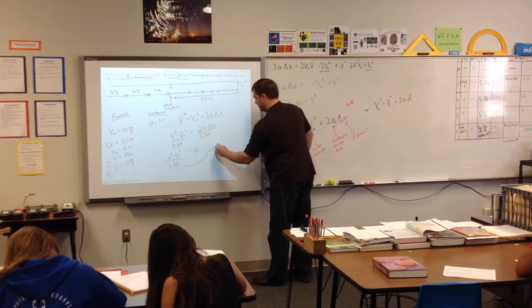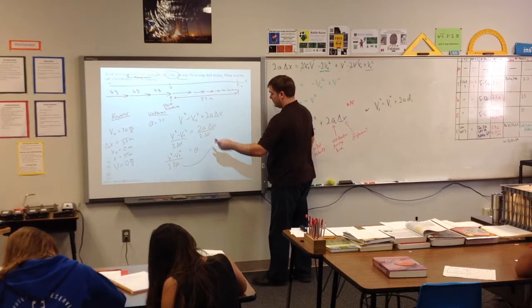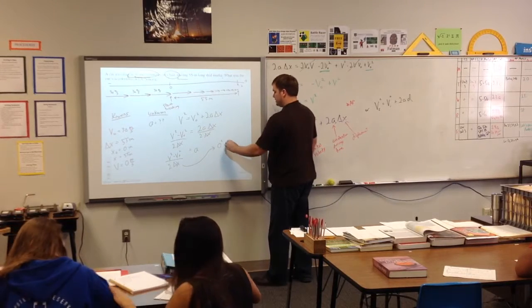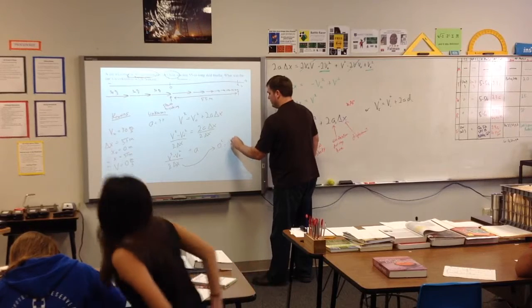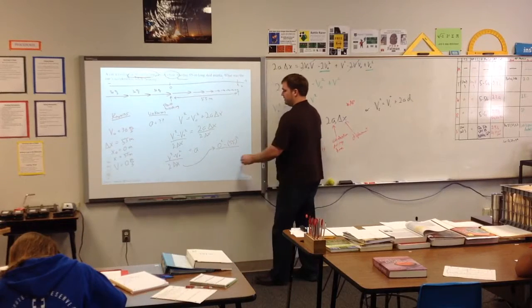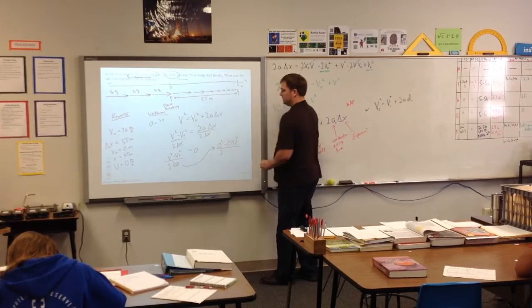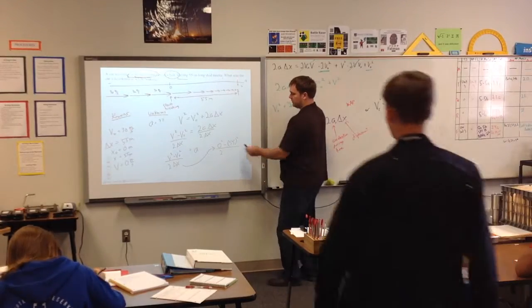And now we can just plug in our numbers. Final velocity is 0 squared. Come up here if you need a calculator. Minus 55 squared all over, oh, hold on.